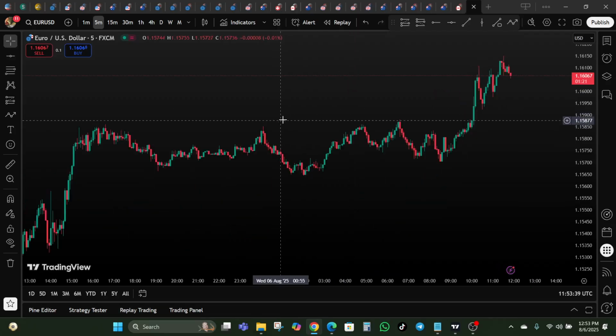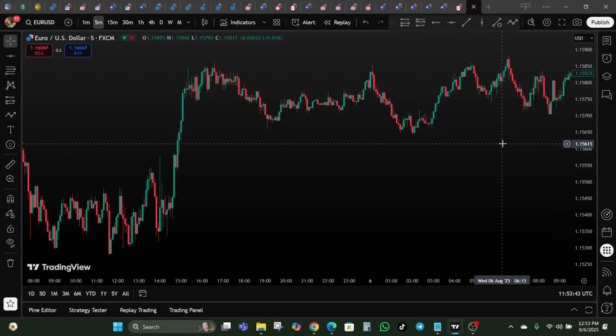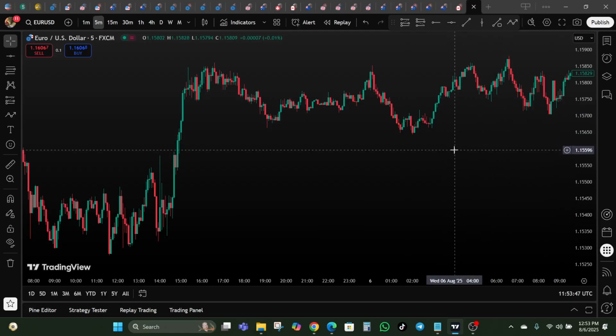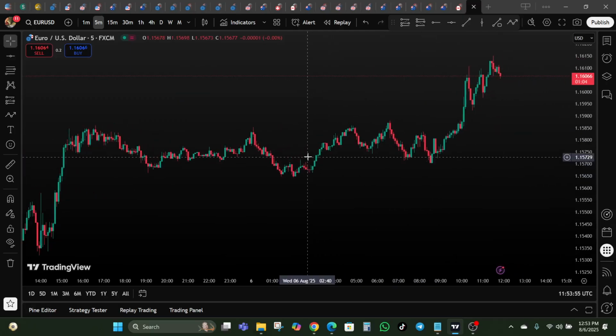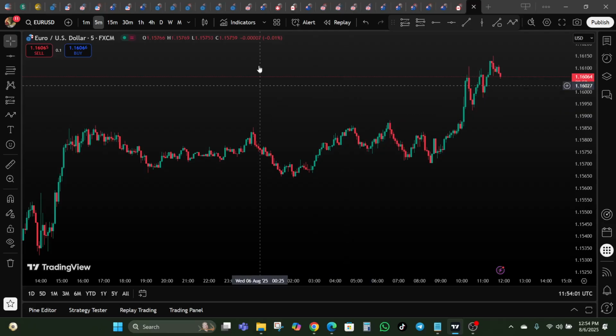Well, ORB stands for Opening Range Breakout. You take the high and the low of the first 15-minute candle after market open. Usually it is at London open, New York open, or any high volume session.